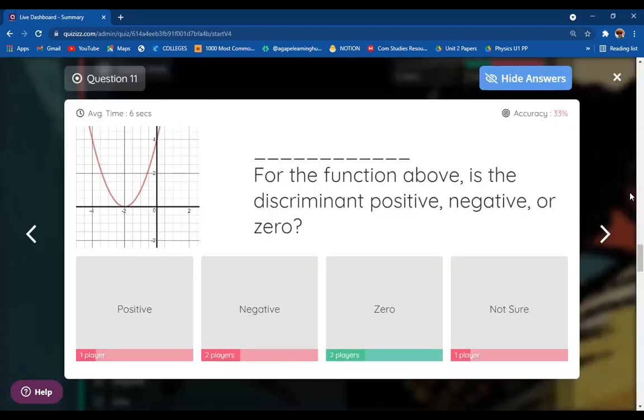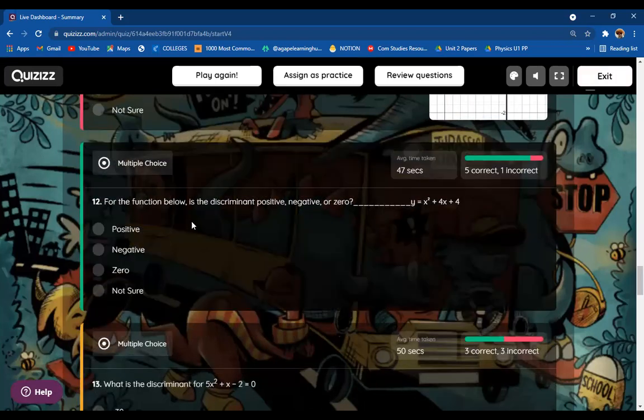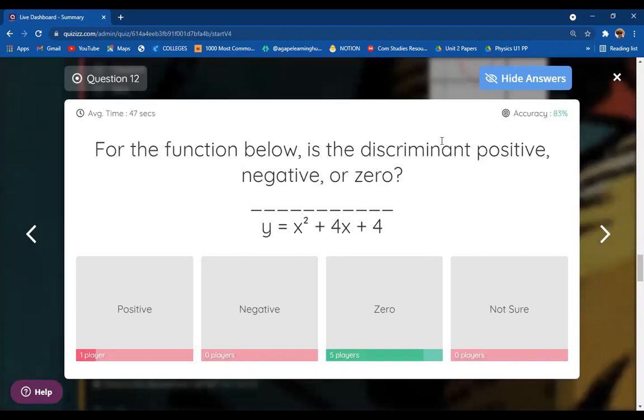Oh, we already went through this one. For the function below, is the discriminant positive, negative, or 0? So somebody just remind me, what's the formula for the discriminant? B squared minus 4ac. So b is 4, so that's 4 squared.